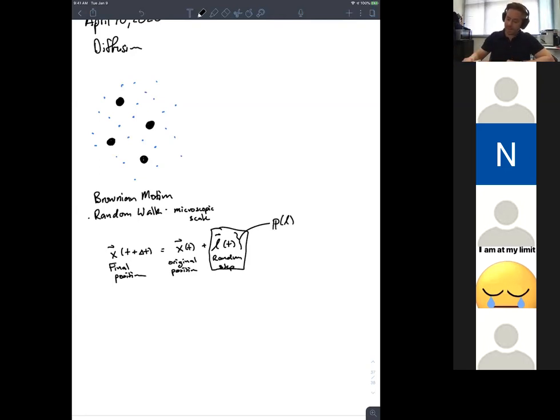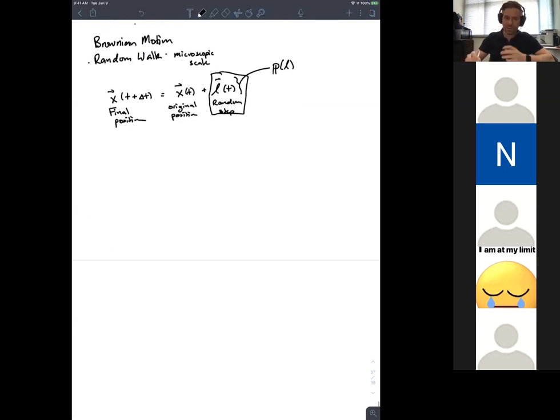And so what we said was that if we're interested in the probability distribution of where a random walker can wind up, this probability distribution of the location of these random walkers is what we called rho.